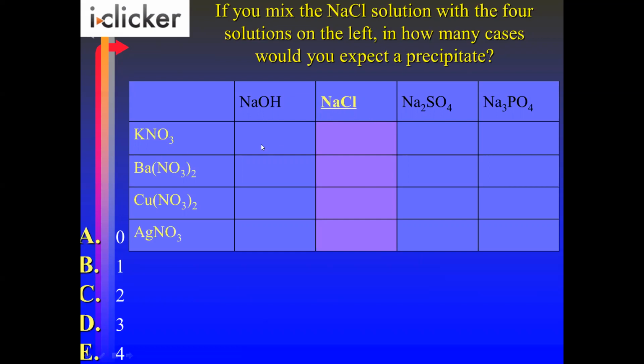So we can forget about this. Let's take a look at this one meeting this one. If I combine this sodium with nitrate, that's still soluble because group 1 will be soluble when it meets any ion.